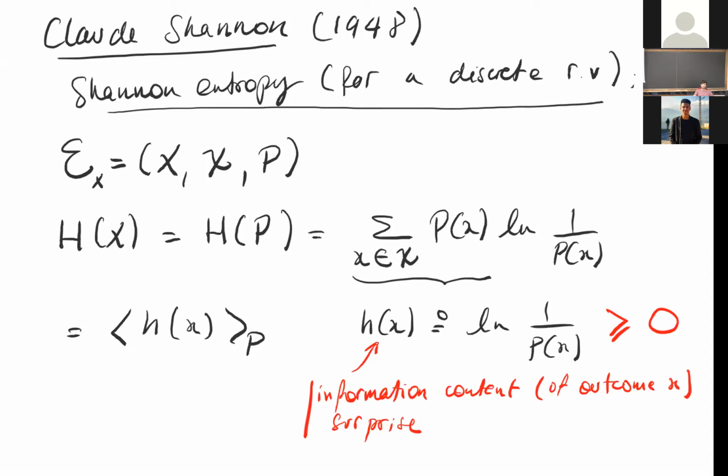Let's say that you have cardinal of calligraphic X outcomes, which is the cardinal of the configuration space for this random variable. Can you give me the entropy as a function of this object? And the other extreme case is when the random variable is not random, is deterministic. What does it mean? It means that one of the outcomes has probability 1 and all the others have probability 0. So I would like you to compute the entropy in these two cases.